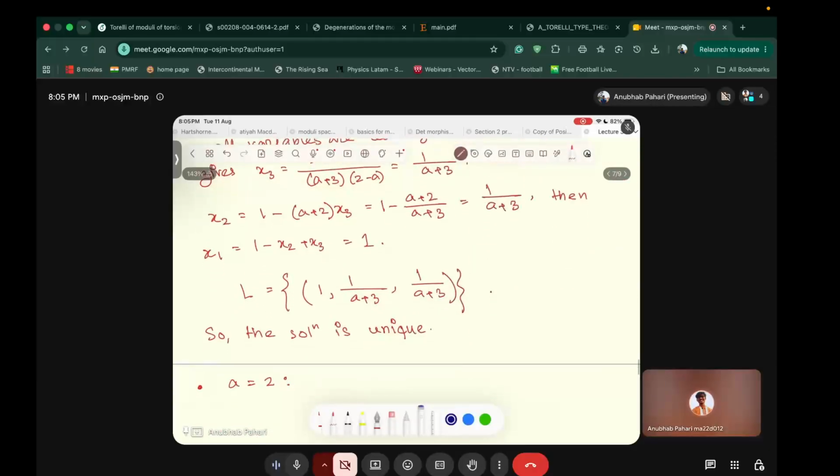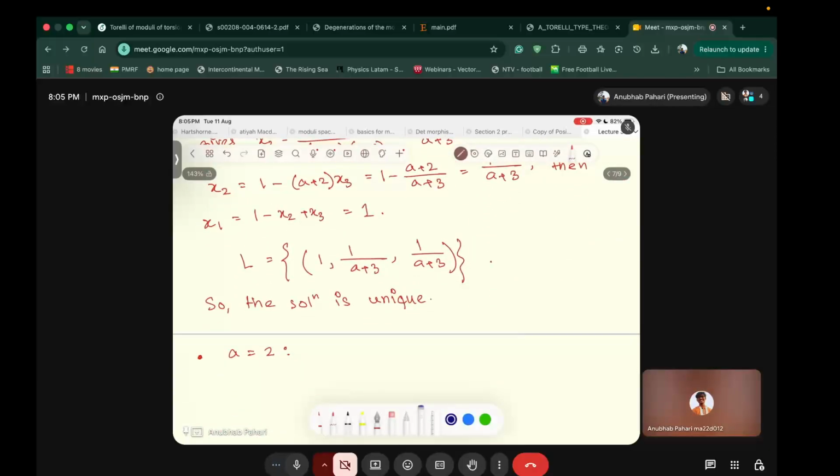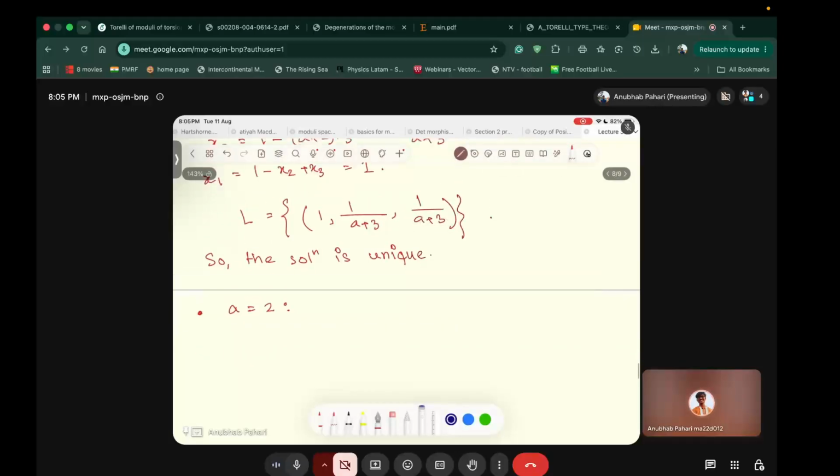So the last row will be entirely 0, so the system will be consistent at least. So the last row becomes 0, 0, 0.